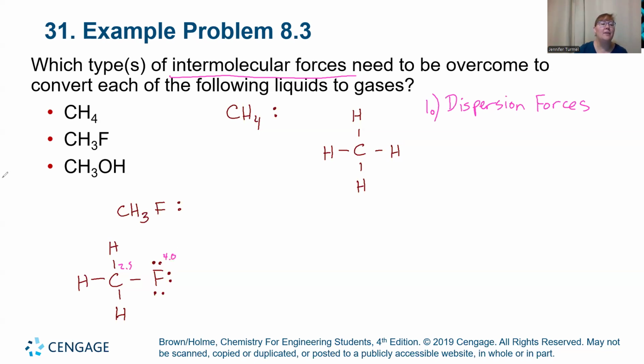So that means that this one, because it has a dipole right here, is going to have two different kinds. You always have dispersion forces. Now we're also going to have dipole-dipole forces.